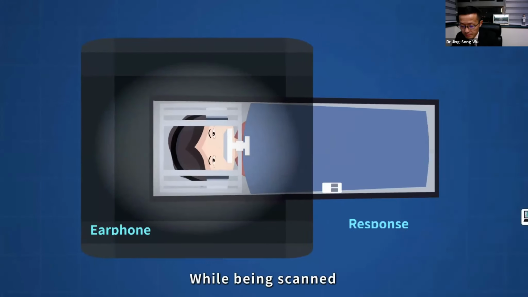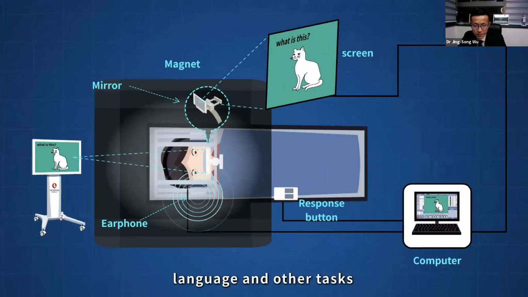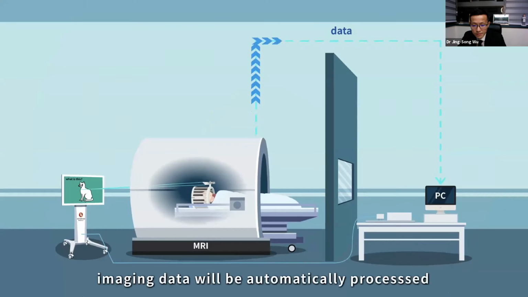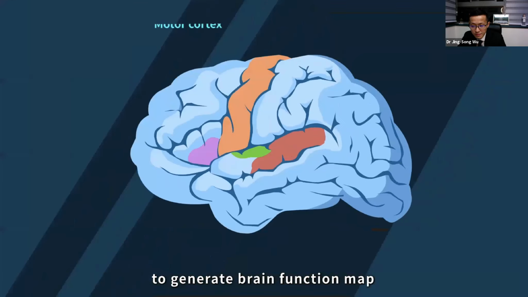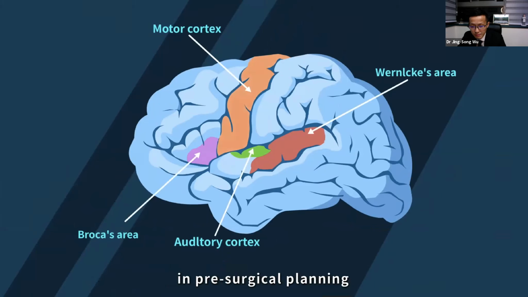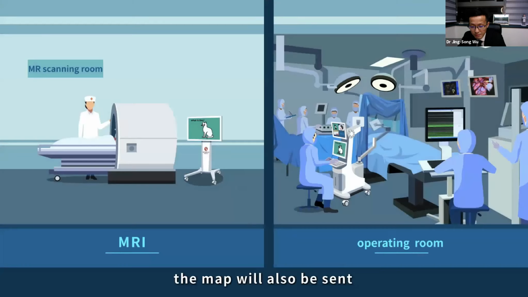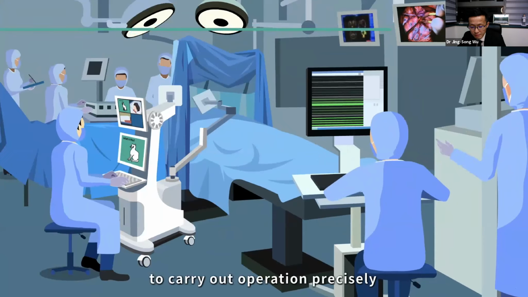While being scanned, the patient is instructed to perform motor, language, and other tasks. Imaging data will be automatically processed to generate a brain function map, which could be used as a reference for doctors in pre-surgical planning. The map will also be sent to the surgical navigation system, guiding our surgeon to carry out the operation precisely.